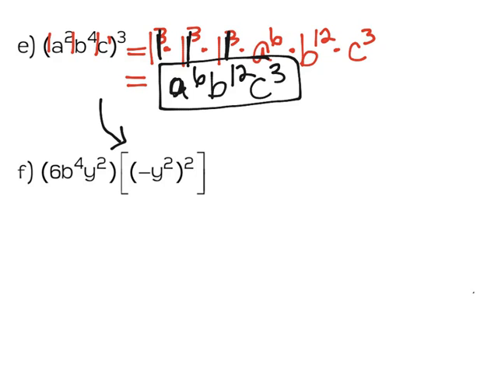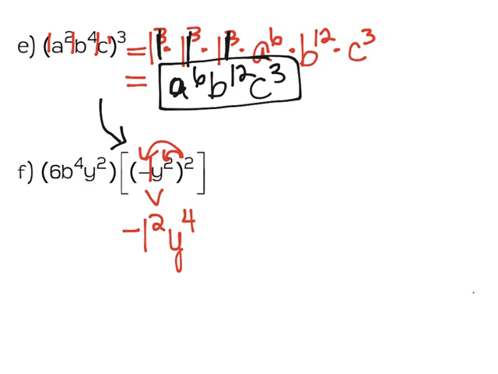So the negative in front of the y, what does that mean? It means that it's a -1 coefficient there. So we're going to expand this portion out first. We would have -1 to the 2nd power times y to the 4th power, since we have to multiply those.